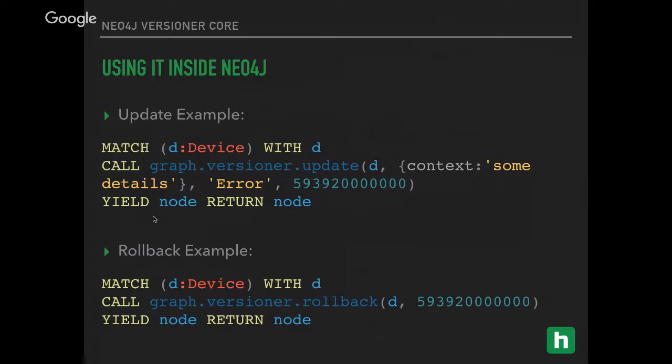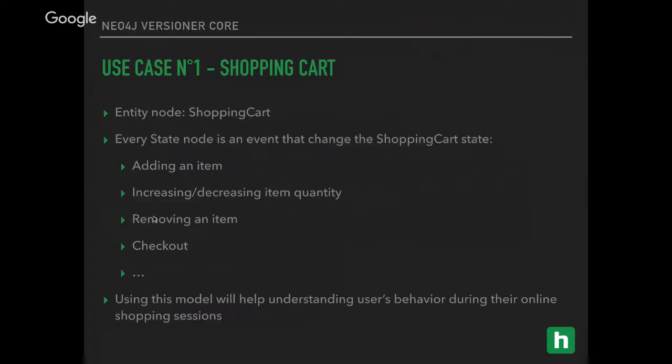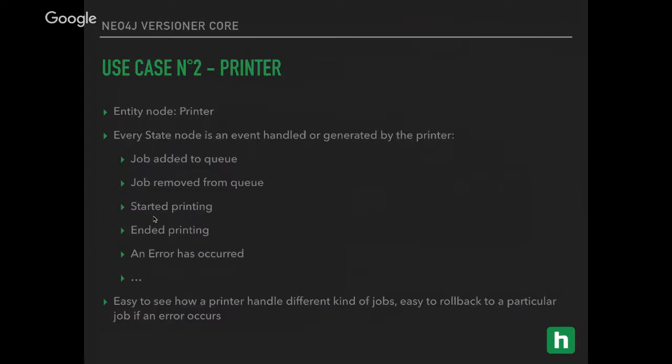Yeah. So the next use case is the printer one, which can be kind of an IoT example. Of course, it is a simplified model for our presentation, which leads us to have a printer entity node, which will have its information that we will see in the next slide, which is, of course, the demo.